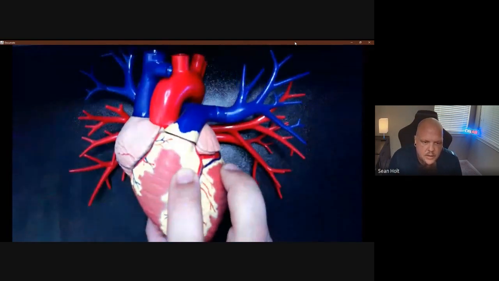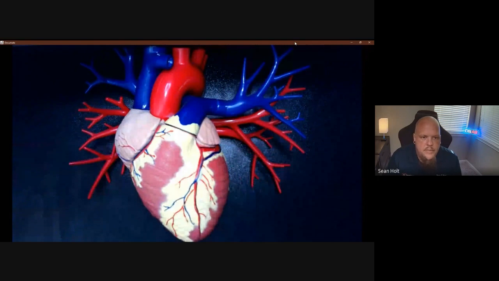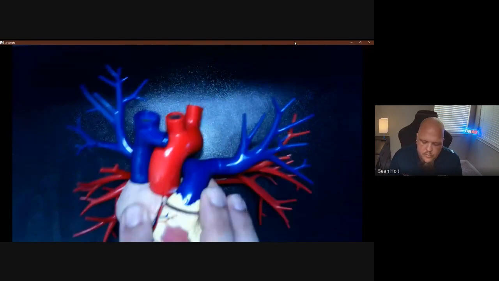We're going to talk about this again with a different diagram, but that is the heart in a nutshell in a 3D diagram. The next part that I have for you to share is cardiovascular medications.